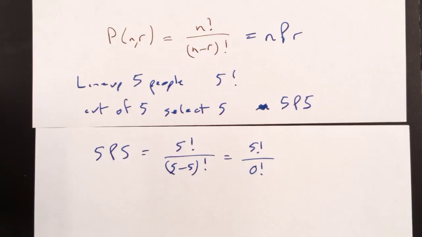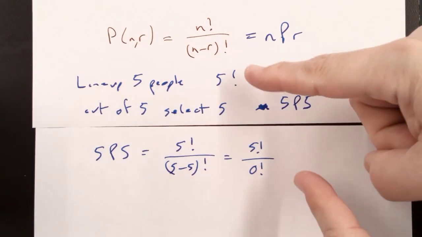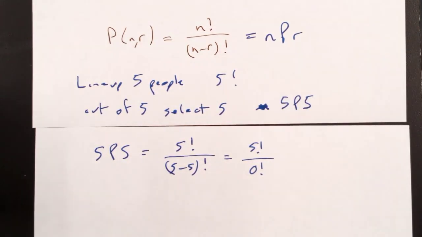So what is this? It's 0. So it's not 0. In order for these two things to be the same, 0 factorial has to be equal to 1.